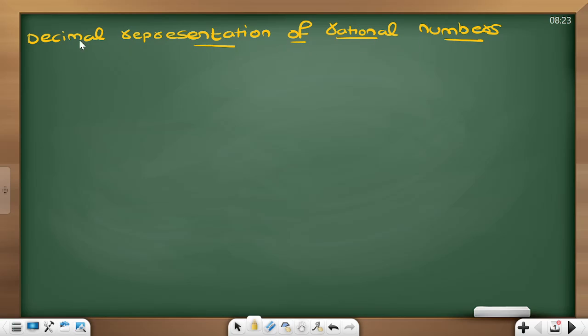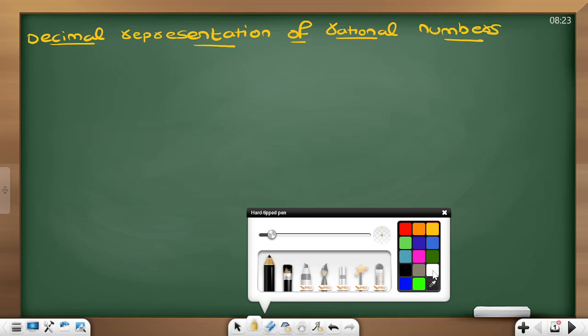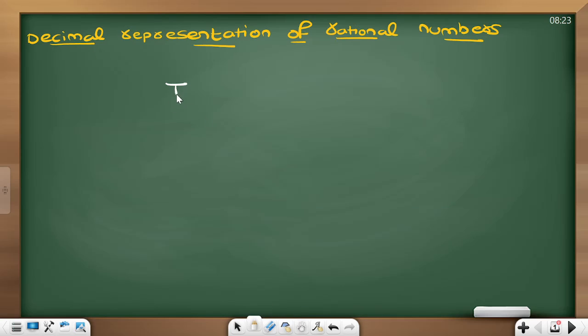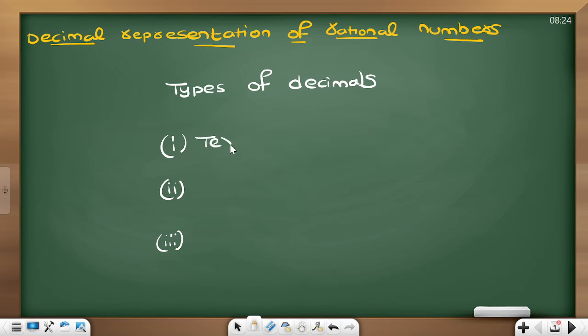Decimal representation of rational numbers. So, first of all, how many types of decimals do we have? There are three. The first one is terminating decimal.